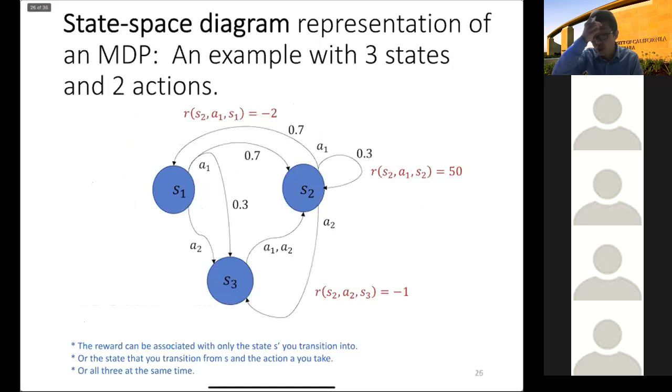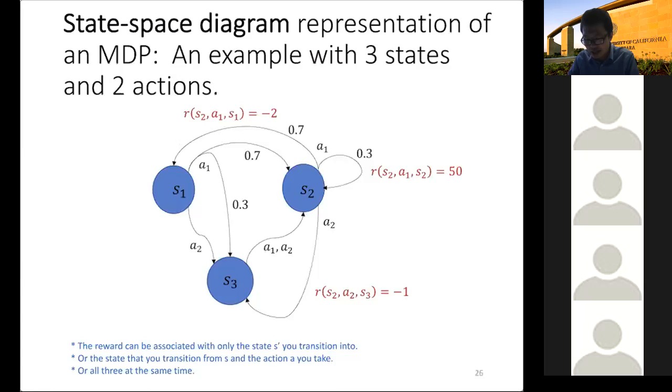Sometimes you also see the so-called state space diagram representation of a Markov decision process. This is an alternative graphical representation of the states and their transitions, rather than representing the distribution of the random variables. In this case, you have 3 states and 2 actions, and these arrows show certain probabilities.